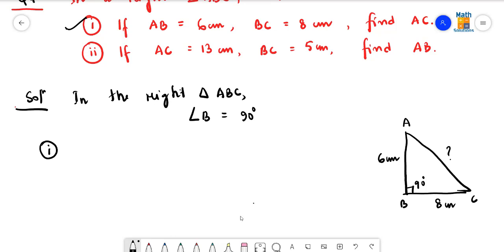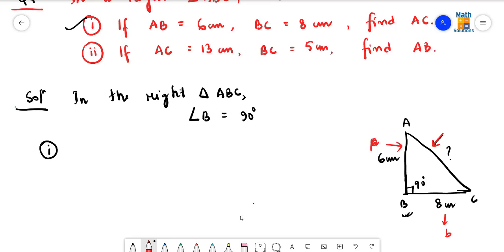So what is the Pythagoras theorem? The side that is lying opposite to the right angle, I mean this side, is the hypotenuse. This is known to be the height, altitude or perpendicular. Then this is known to be the base.